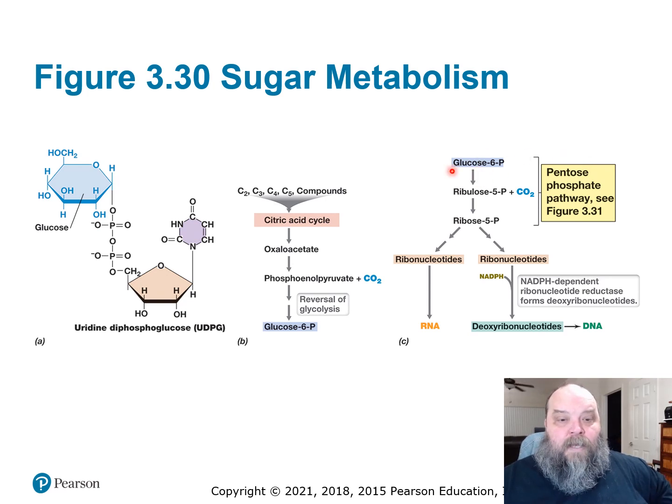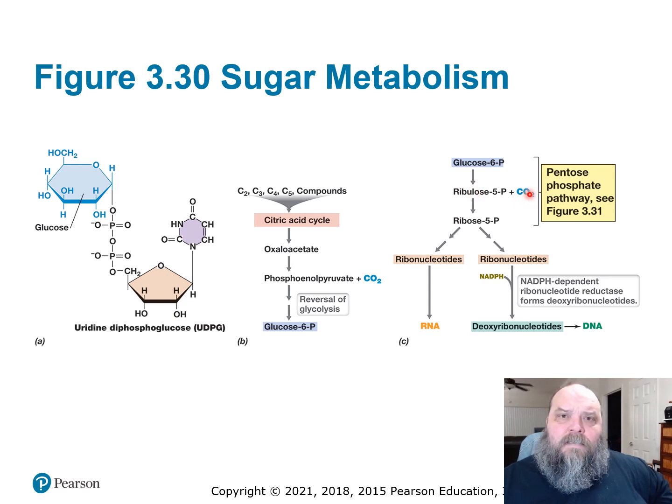The pentose phosphate pathway is a mechanism for taking glucose, a 6-carbon, 6-sided ring, and turning it into a 5-carbon, 5-sided ring, in the process releasing CO2.